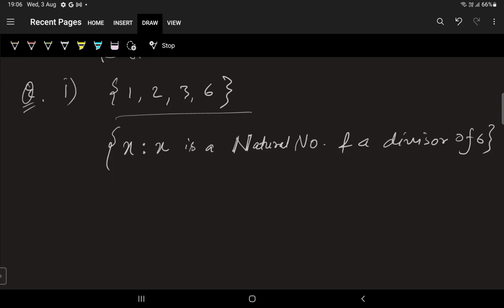Okay, let's take some other example of set builder form. Okay, write down this one: 2, 3, 5, 7, 11.